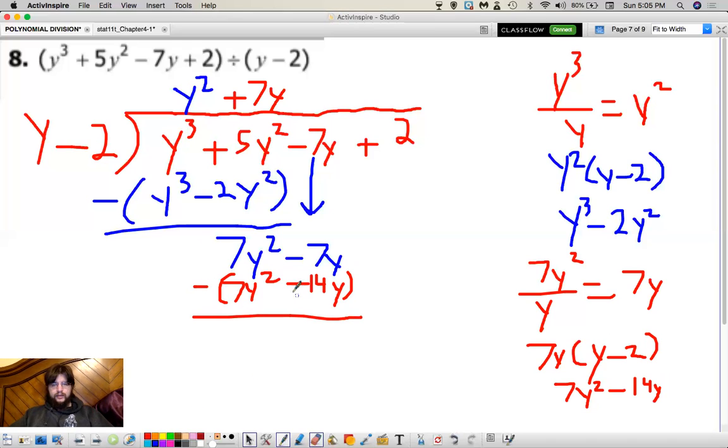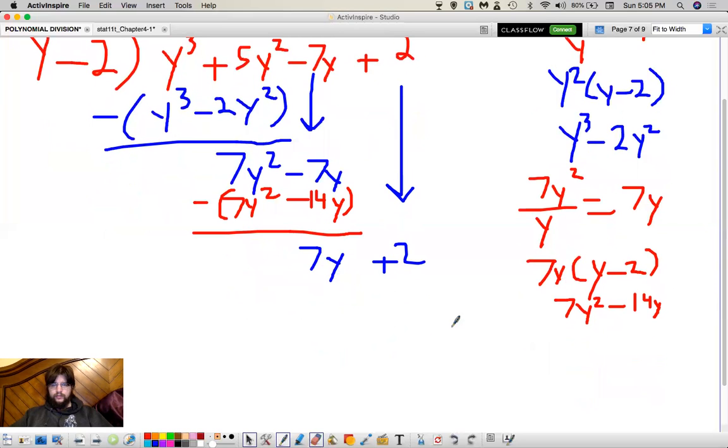If I do subtract that, I get nothing there. That's going to be a plus 14, so that's a positive 7y. Divide that. Oh, bring down, sorry. Divide 7y by y, we get 7. 7 times y minus 2.